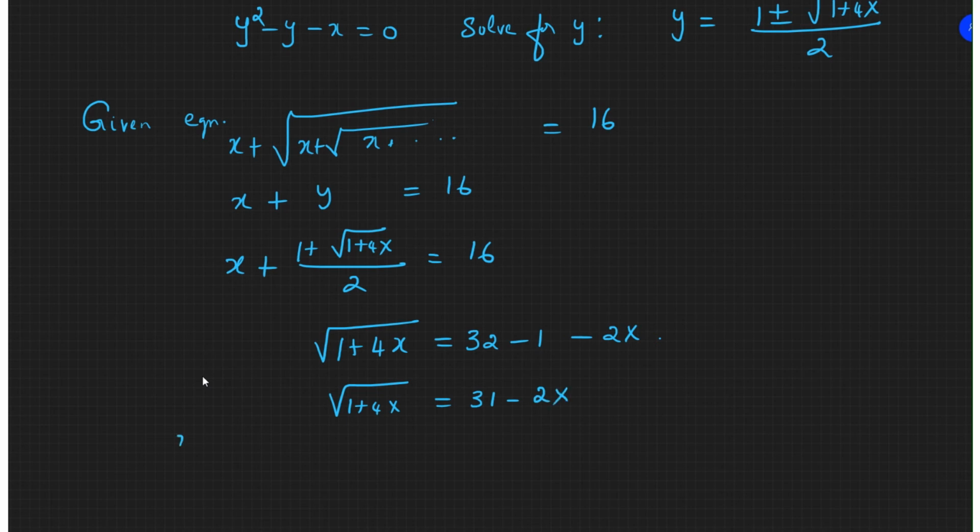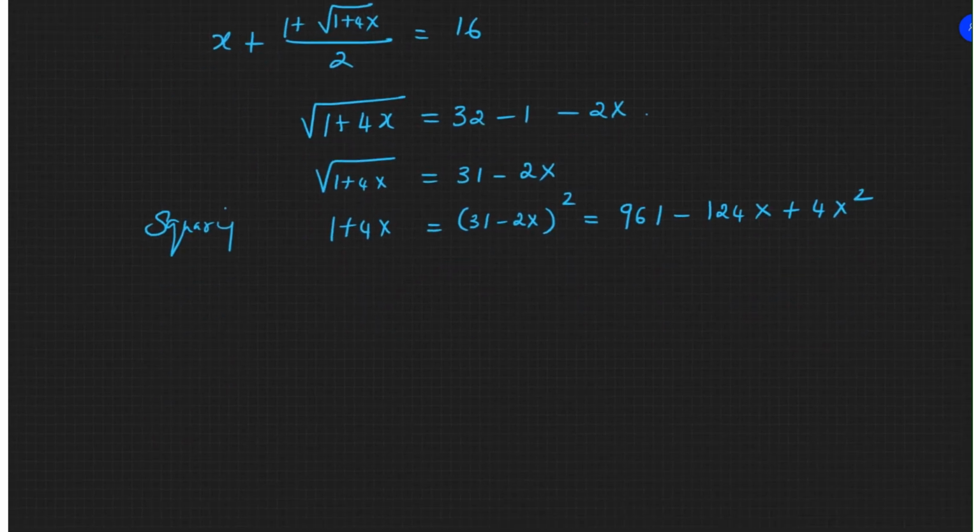Squaring both sides, you get 1 plus 4x equal to 119 minus 2x the whole squared, or when I expand this, a squared minus 2ab plus b squared.